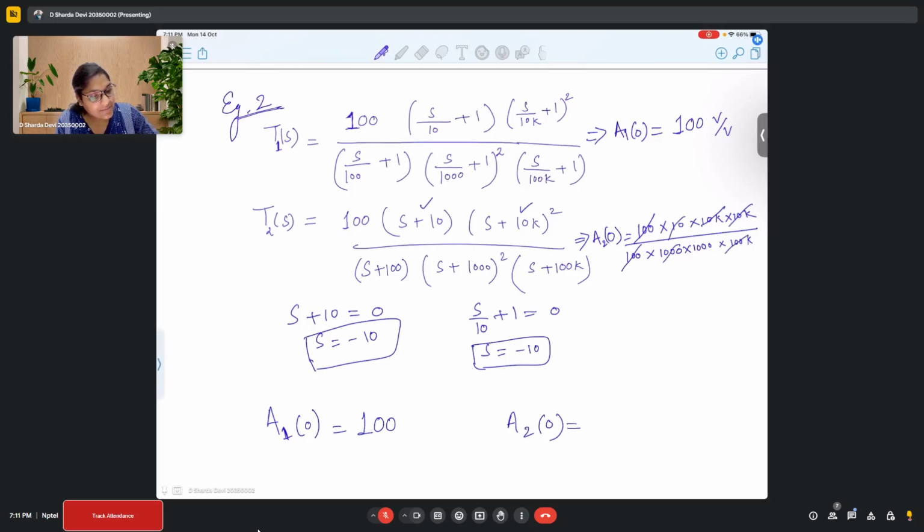This is 10, so this will be 100. So your A2 of 0 turns out to be 1 upon 100k. Is it? So there is a 1k at the top. So then when we cancel 10k into 100,000, still 1,000 is left. So it will be 1 by 100.